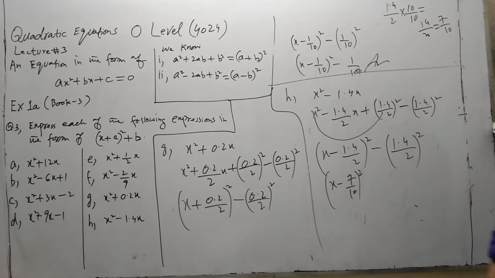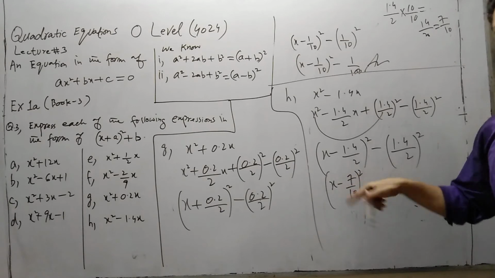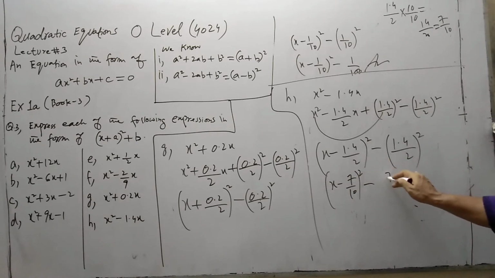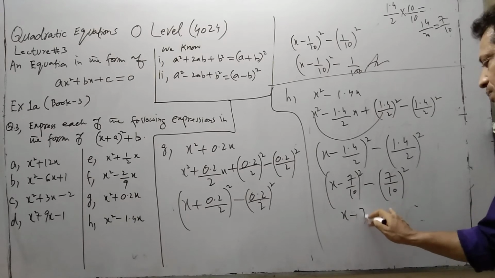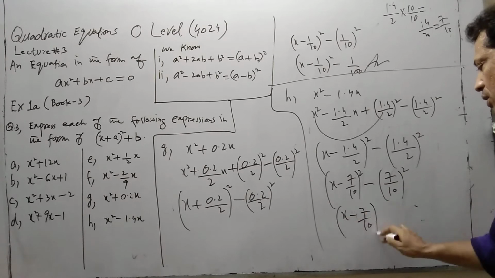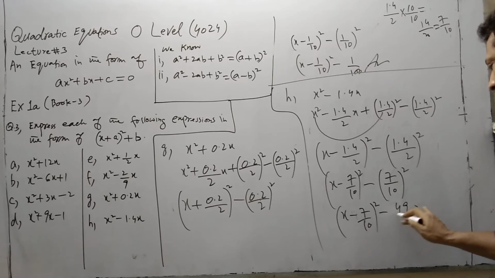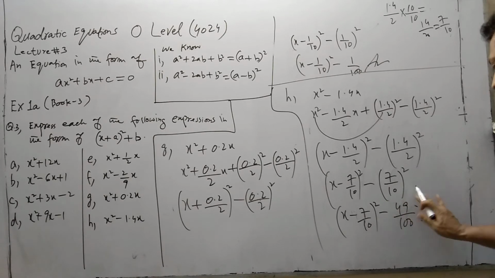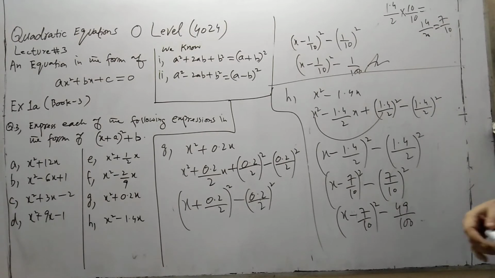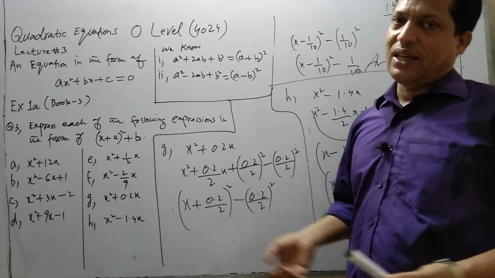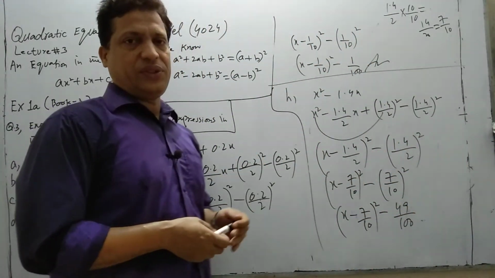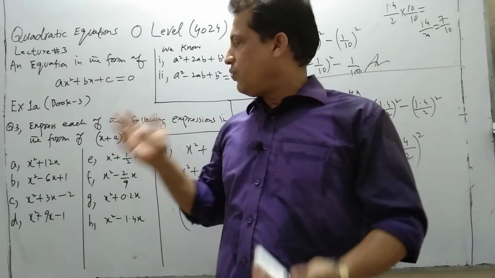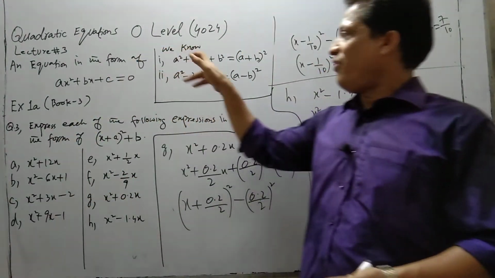Instead of writing 1.4 upon 2, it is much better to write 7 upon 10 whole square minus 7 upon 10 whole square, or x minus 7 upon 10 whole square minus 49 upon 100, because 7 square is 49 and 10 square is 100. So students, this is our today's class, and I hope you understand all the concepts, how to convert the given form in perfect square form.